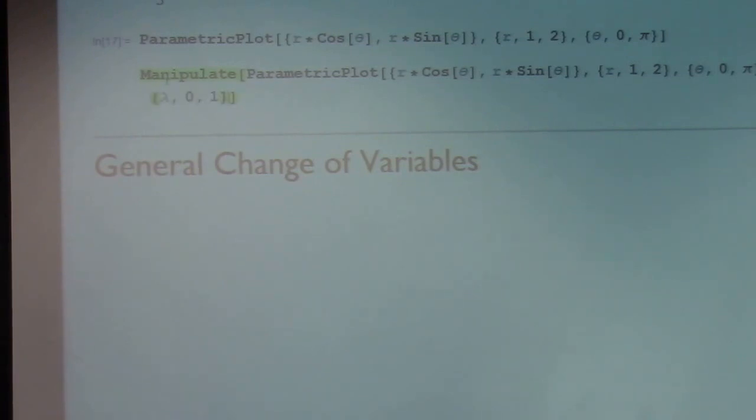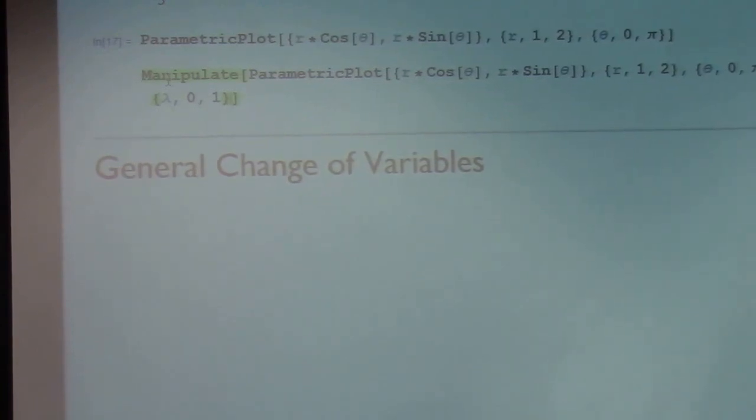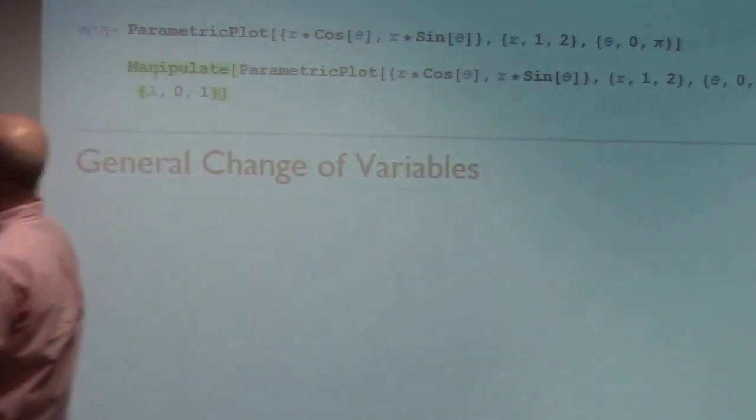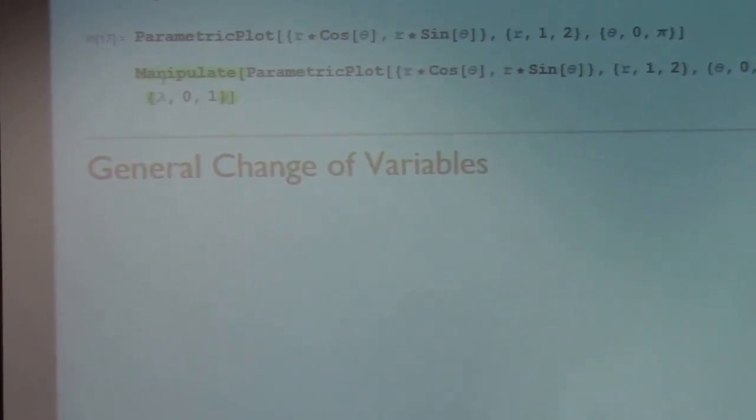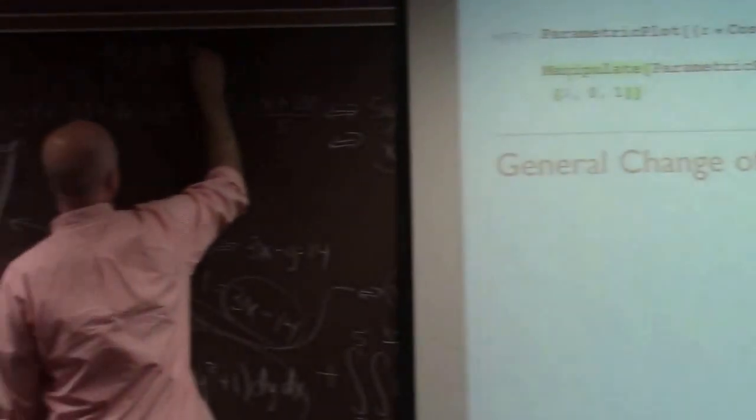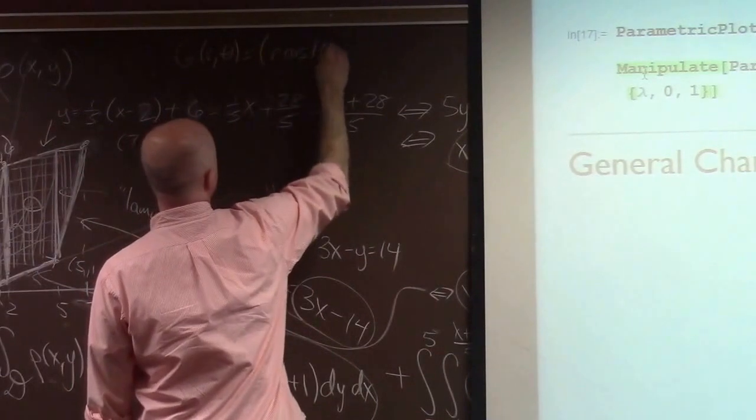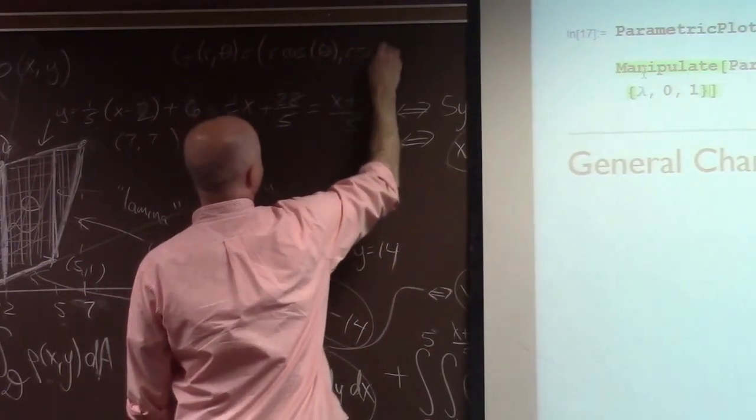What I would like to do is create an animation that shows the effect of the coordinate change here with polar coordinates geometrically. In this case, the g of r, theta is r cos theta, r sine theta.